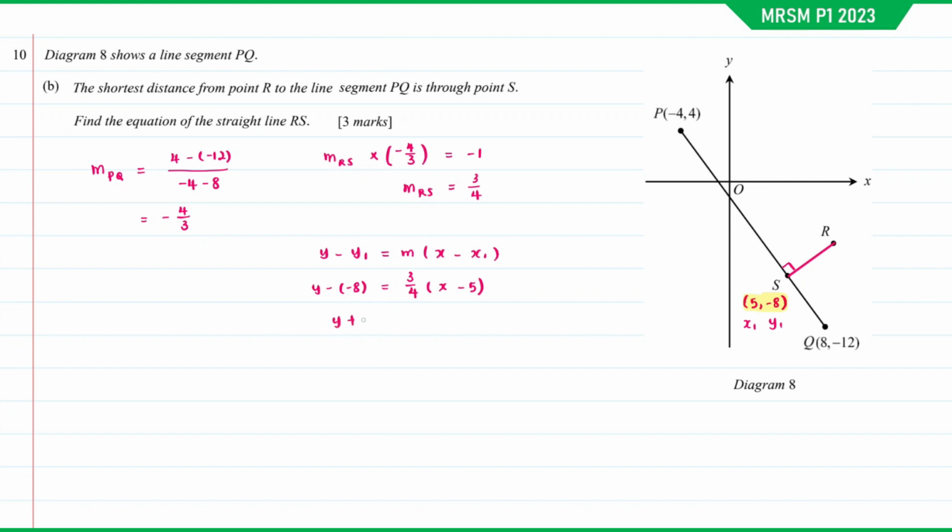So this is equal to y plus 8 equal to 3 over 4x minus 15 over 4. Then y is equal to 3 over 4x minus 15 over 4 minus 8. So y is equal to 3 over 4x minus 47 over 4.